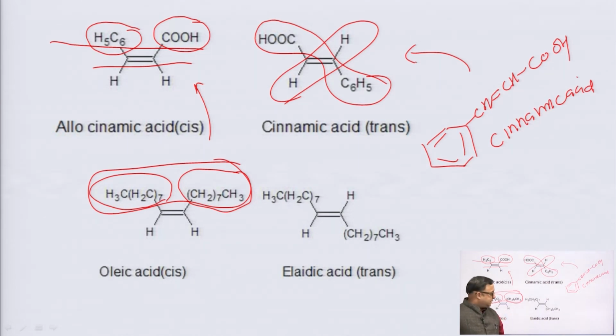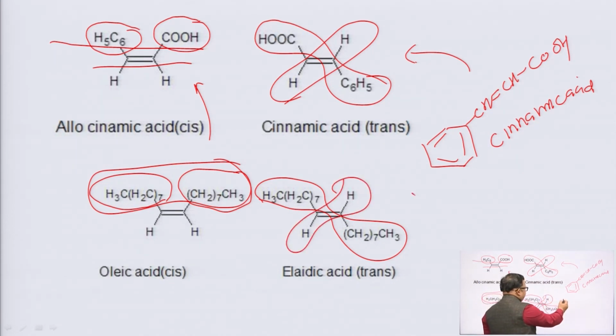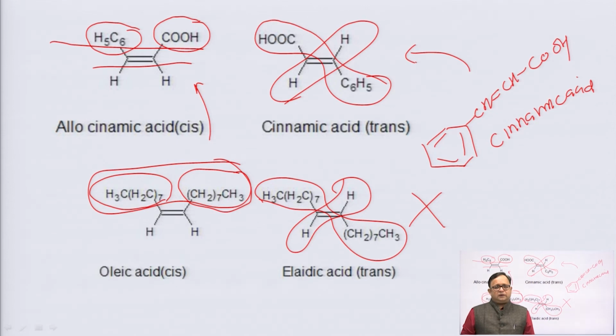But in the other structure, elaidic acid, these two alkyl chains are present trans to each other, meaning it again satisfies the condition of an X-like structure. So, if it presents an X-like structure, we can say that it is the trans form, and the other is the cis form.